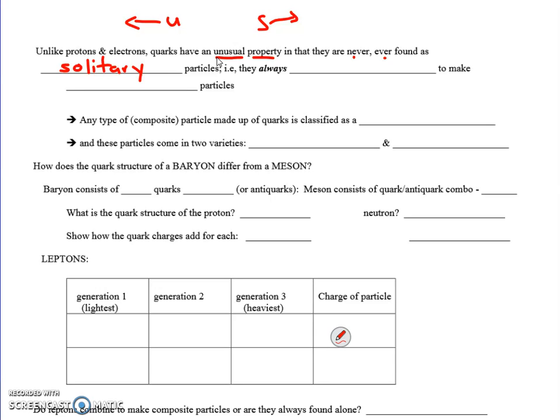They are always combined to make composite particles. Okay? So we might see a particle that's a combination of an up and a down, or an up, a down, and a strange, or a bottom, bottom, bottom. Okay, those are all allowed, but they're always combined together. I can't rip them apart to have a separate up, and a separate down.